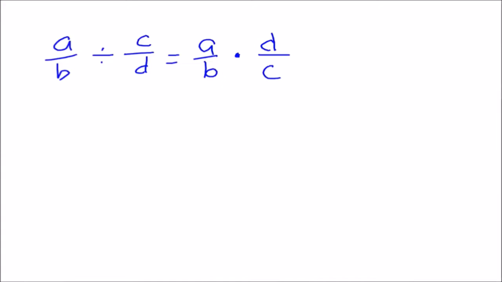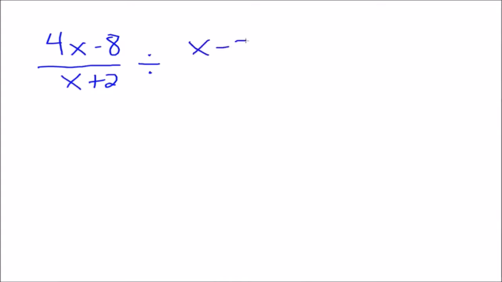So let's see an example. So let's look at 4x minus 8 over x plus 2, and all of that is divided by x minus 2 over x squared minus 4.